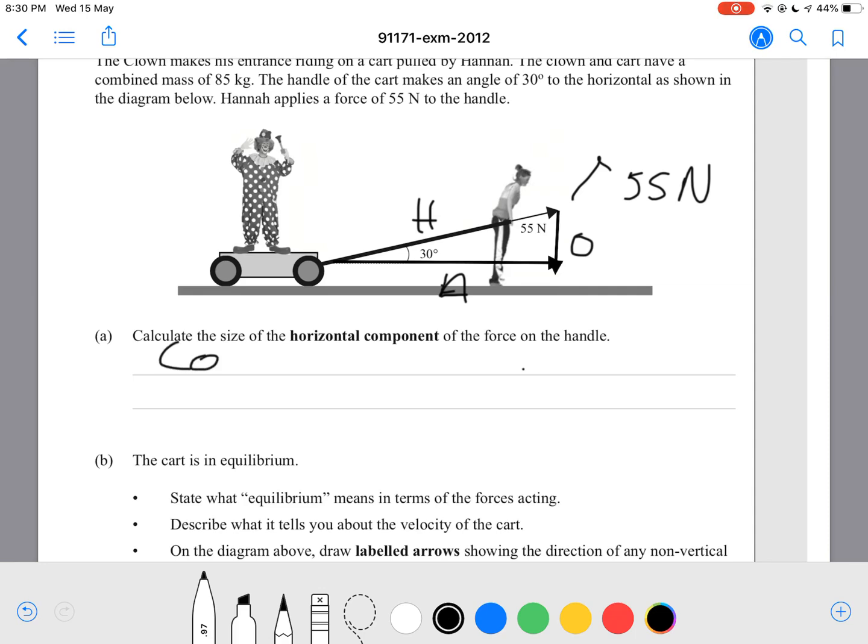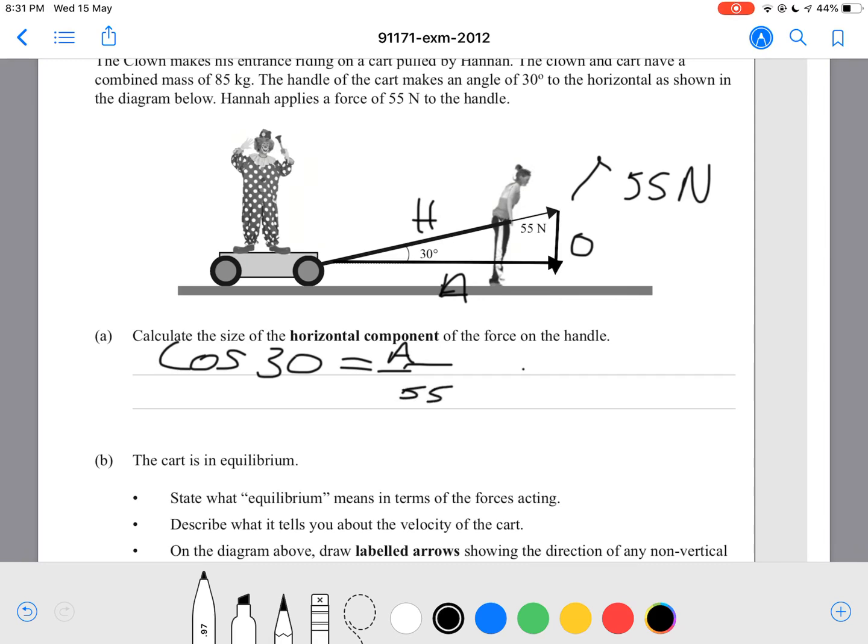So we're going to say cos 30 is equal to A over H. It's told you the hypotenuse is 55 newtons, so you can directly say A over 55.